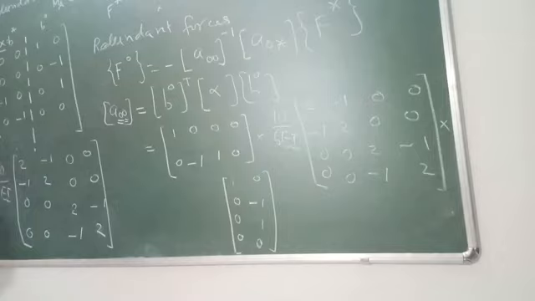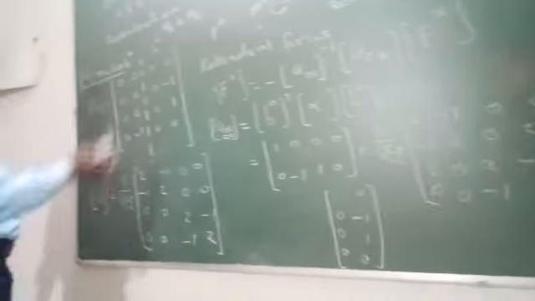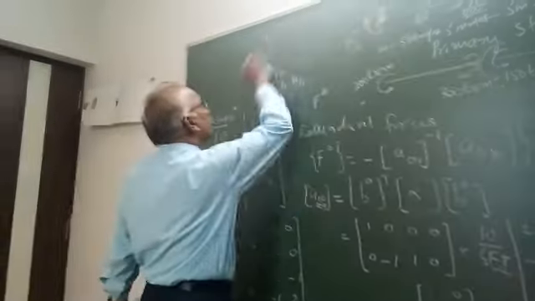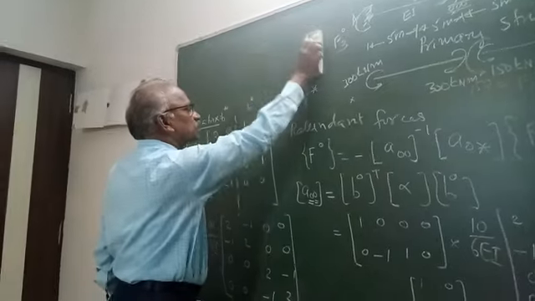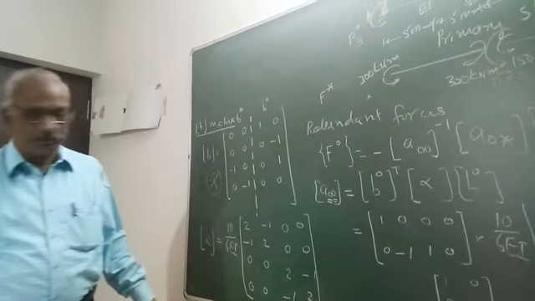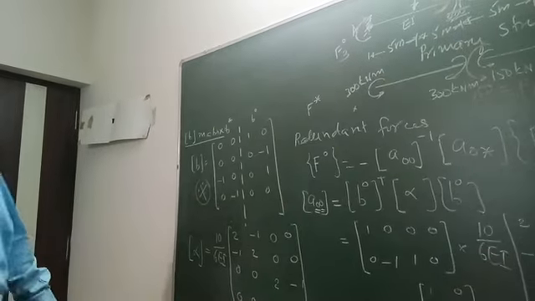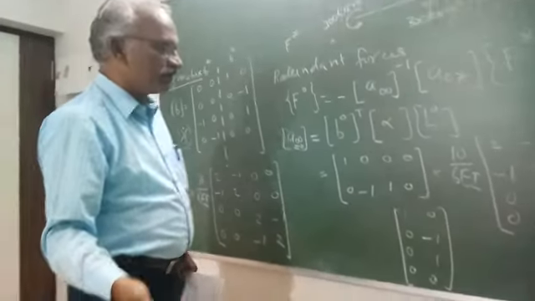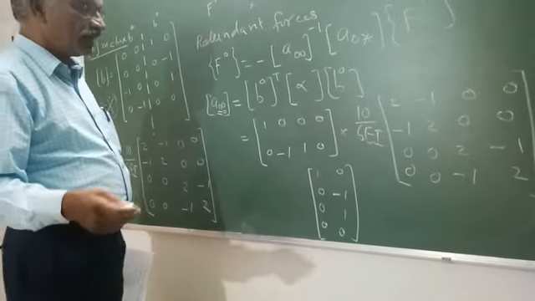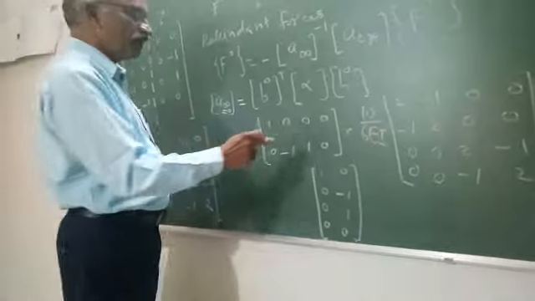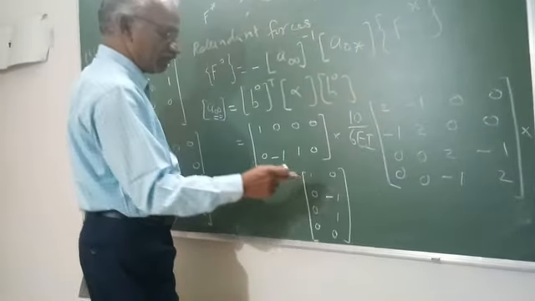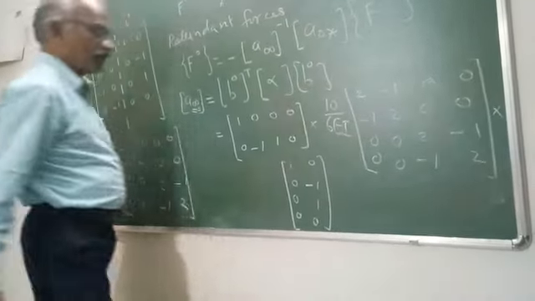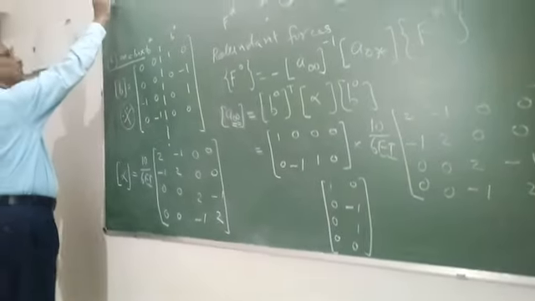Now here, at least for one step, you have to explain the procedure. Matrix multiplication is fundamental only. Still, for the benefit of the viewers, I will just explain the calculation procedure. When we multiply the first and the second one, you will get 10 by 6 EI.